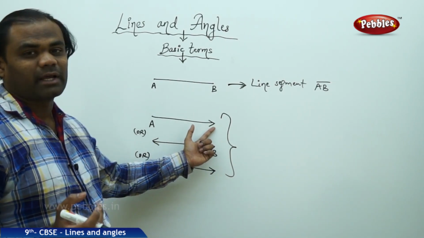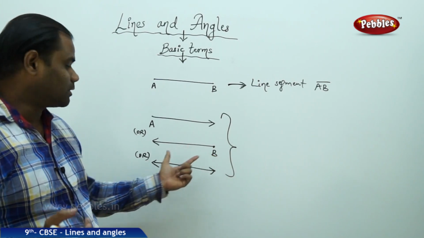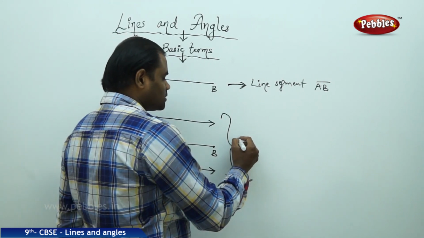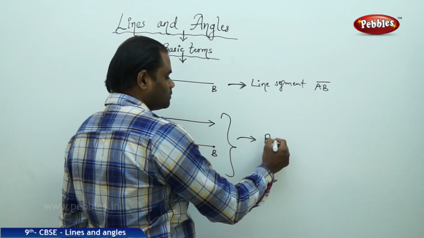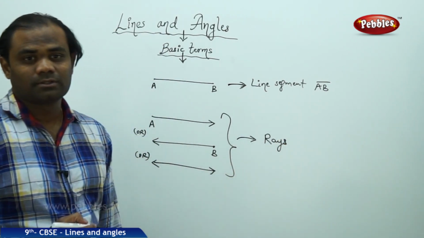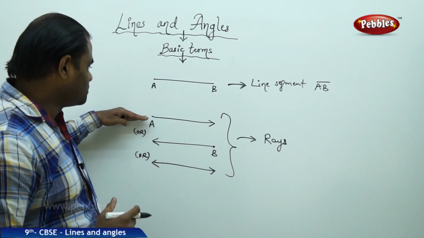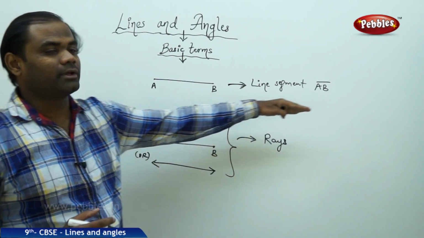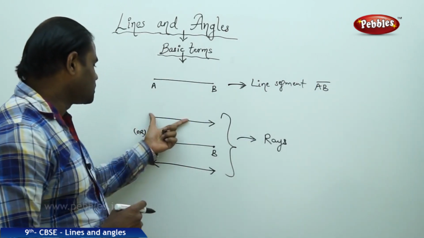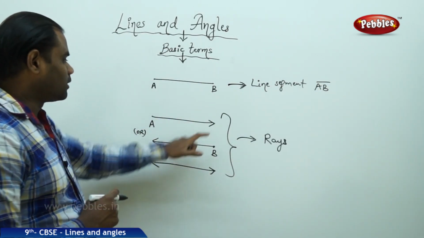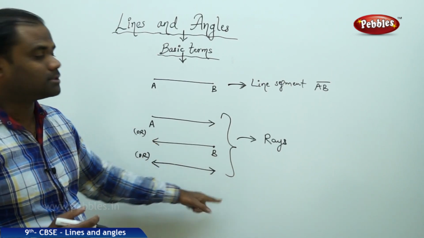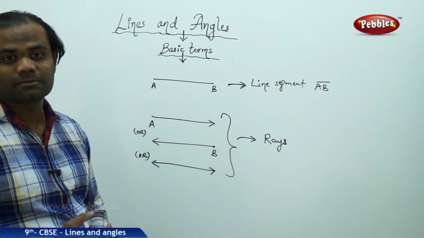Here it doesn't end on the right, here it doesn't end on the left, and here the line doesn't end on either side. Such lines are called rays. I call them rays. A light ray which passes, imagine I take a torch and pass a light ray, it never ends, it goes on and on. So we call this as a ray. The right ray, the left ray, the two end ray is how we define the subterms.